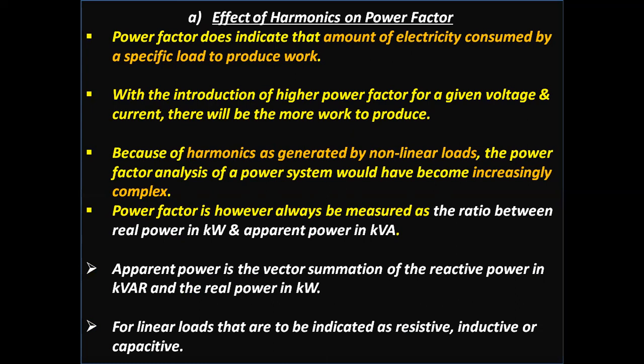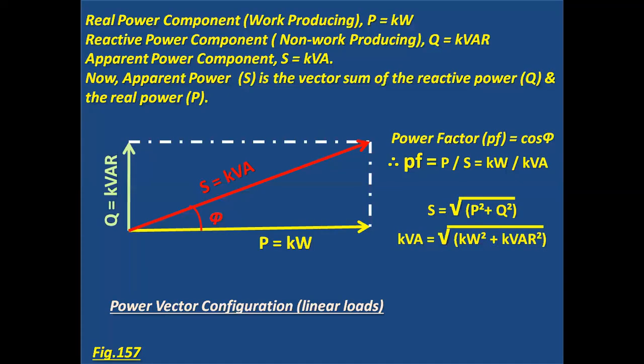For linear loads that are resistive, inductive, or capacitive, the real power component, that is the work producing component, is P equals kilowatt. See the diagram. The reactive power component, that is the non-work producing component, is Q equals kVAR. Apparent power is S equals kVA.